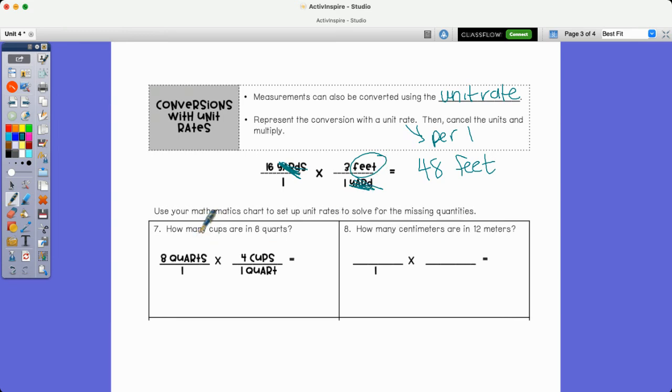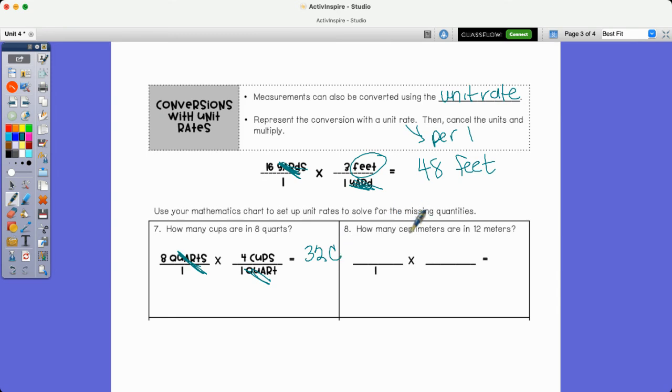So for example, this one, how many cups are in 8 quarts? Well, for 8 quarts, we have 1 of something times 4 cups per 1 quart. There's your unit rate. There are 4 cups per 1 quart. So you multiply straight across and I get 32. We cancel out the quarts and we're left with 32 cups.